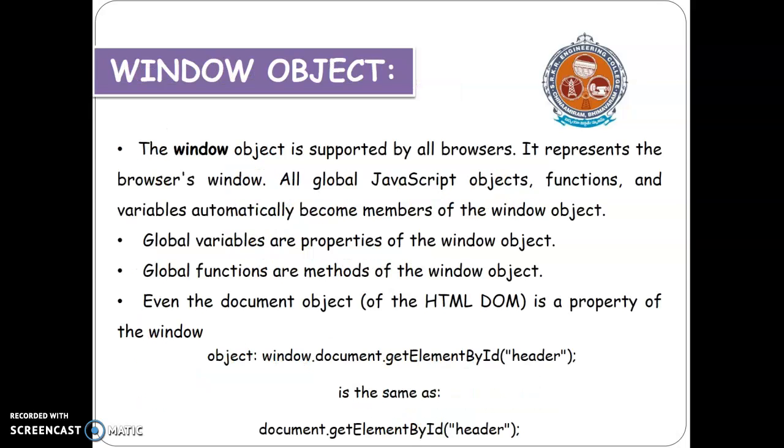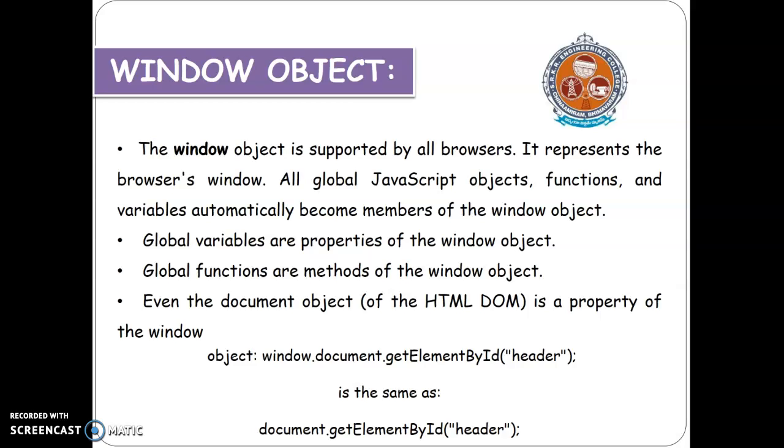Window object. The window object is supported by all browsers. It represents the browser's window. All global script objects, functions, and variables automatically become members of the window object. Global variables are properties of the window object, and global functions are methods of the window object.